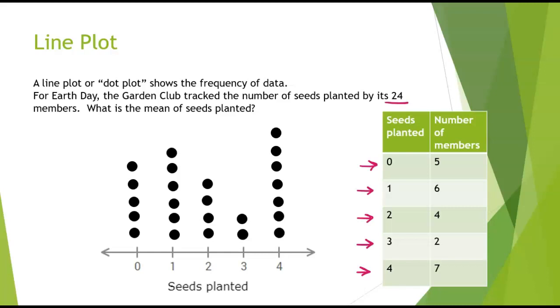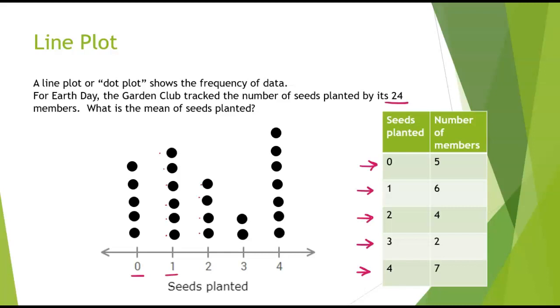So we start with 0 seeds planted here. We put 5 dots there, 1, 2, 3, 4, 5, because 5 members planted no seeds. They were lazy. 1 seed was planted by 6 members, so we put 6 dots here. That represents how many people planted 1 seed. 4 people planted 2 seeds, so we put 4 dots here.